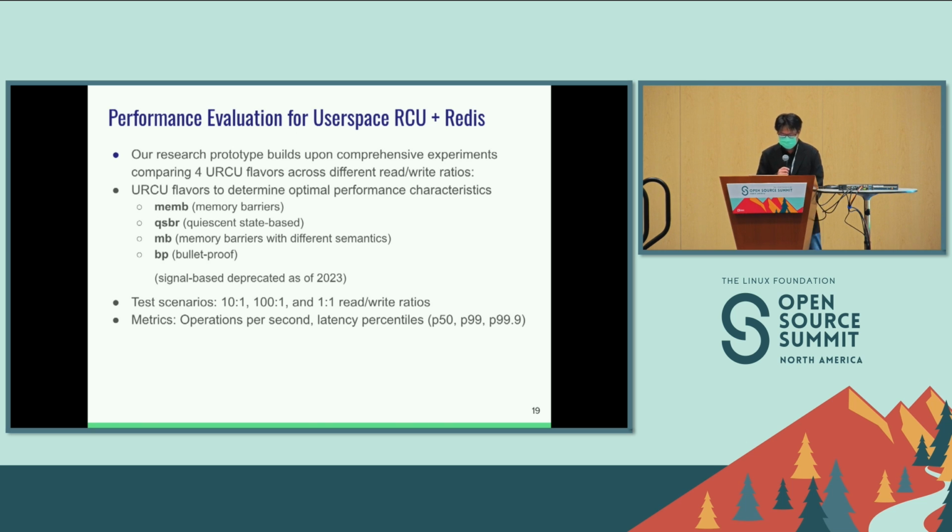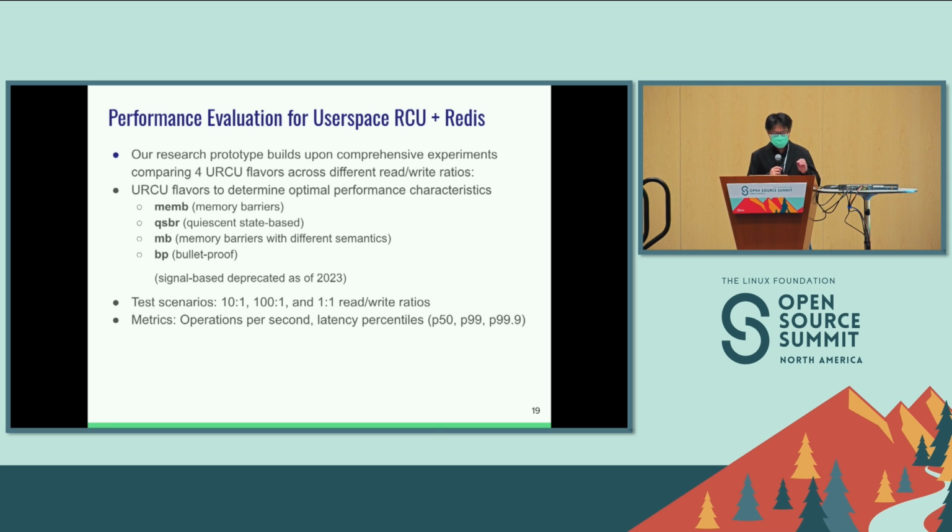Okay, so inside Userspace RCU, there are many flavors, but recently Userspace RCU only provides 4 flavors, meaning that the signal-based implementation was deprecated almost 2 years ago.